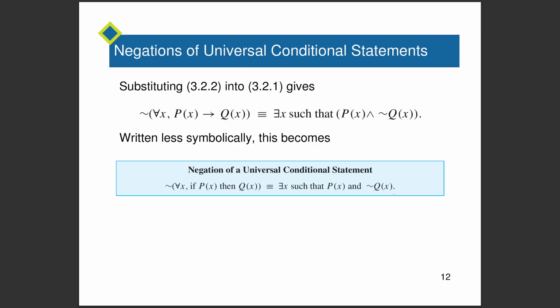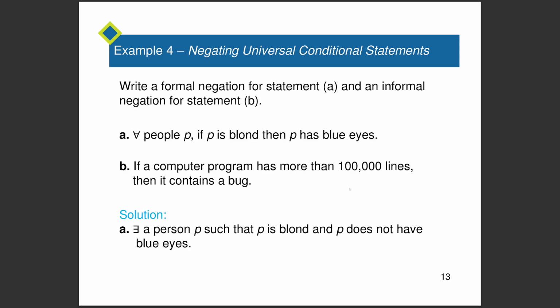So just to be clear, the negation of the statement, there exists an x, so this is for conditional, such that p of x is true, but q of x is false, is that there exists an x such that p of x and not q of x. So if you want to write it in words, like here.